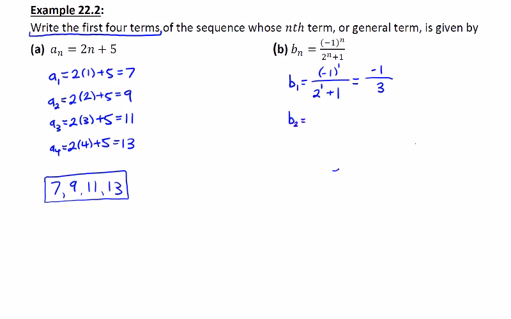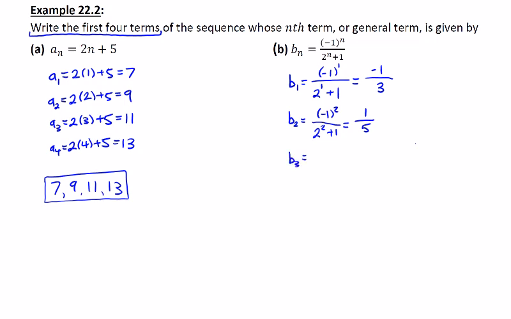B2 will be negative 1 squared divided by 2 squared plus 1. When I square negative 1, it turns into positive 1, and then 2 squared plus 1 in the denominator will be 5, which is also a reduced fraction, so the second term is 1/5.